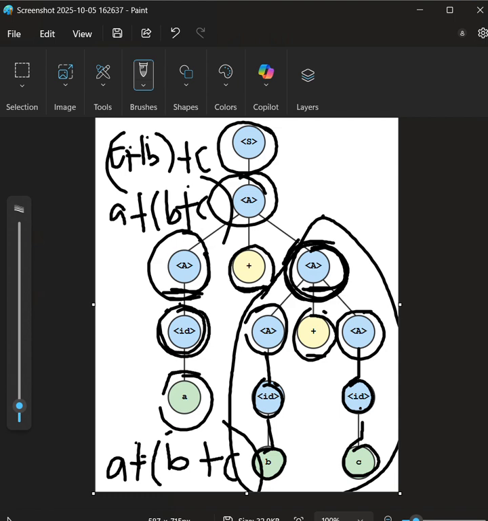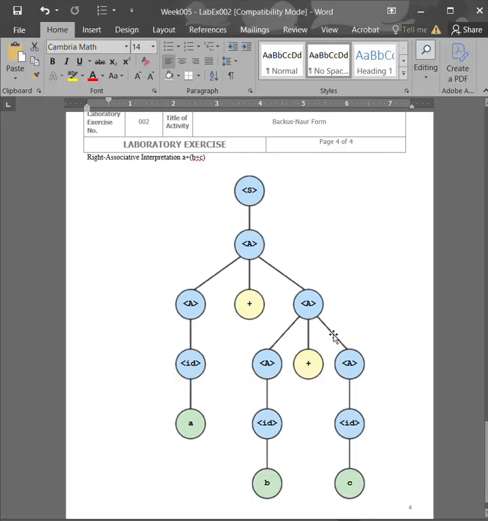First is multiple parse trees, and we successfully generated two structurally different parse trees for the same input string a plus b plus c. So it means that the grammar is ambiguous. And then the other reason is different structural meanings.